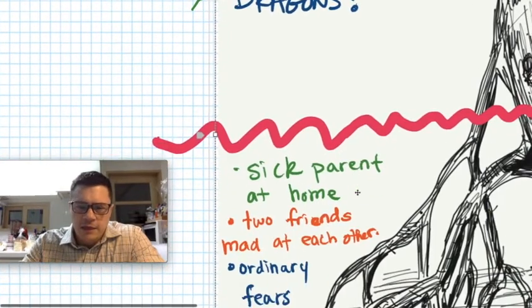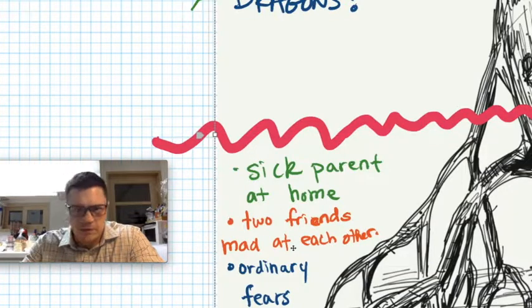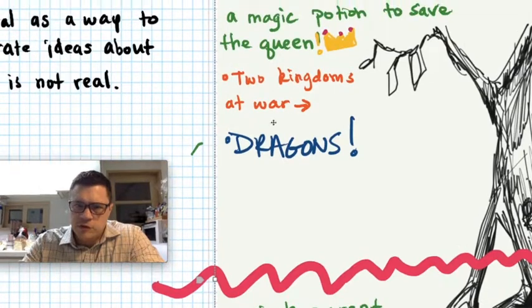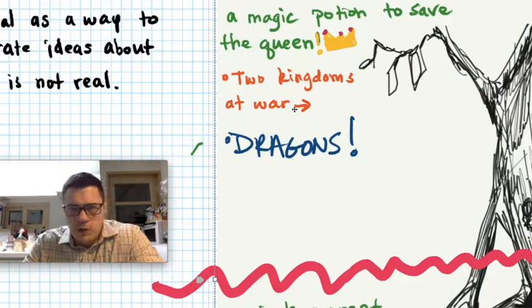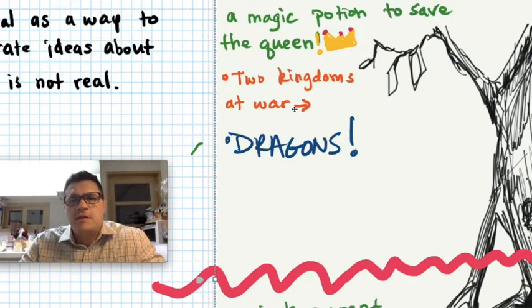In reality, you may have an experience where you and a friend are mad at each other, or you and a sibling, you and someone else. That might turn into two kingdoms at war, or wizards or witches or monsters in an epic fight, where the weight of the world rests on the result of this battle.